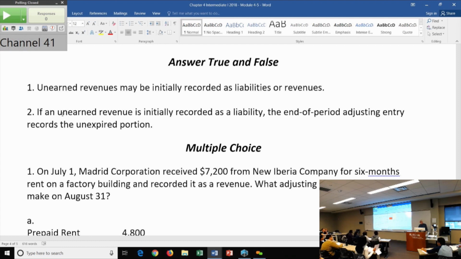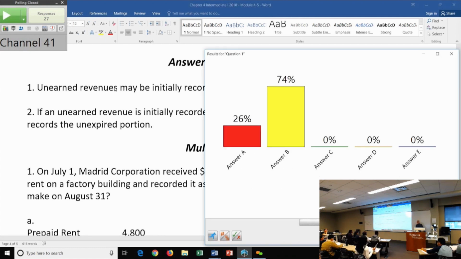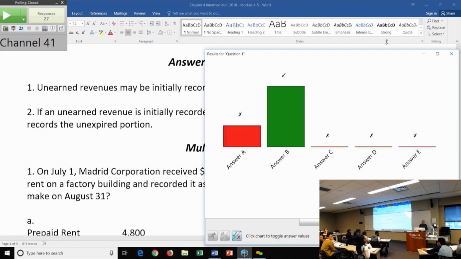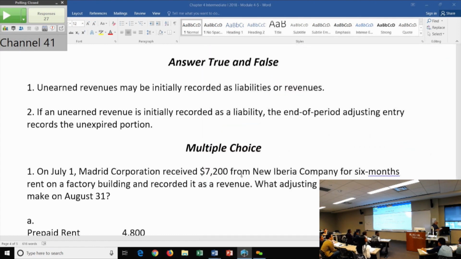So it's false, and that's the correct answer. Well, let's see why. Anyone want to help me with this? I can call on you, but, yeah, Patriot. It's basically just the word unexpired. That's correct, the word unexpired is wrong.